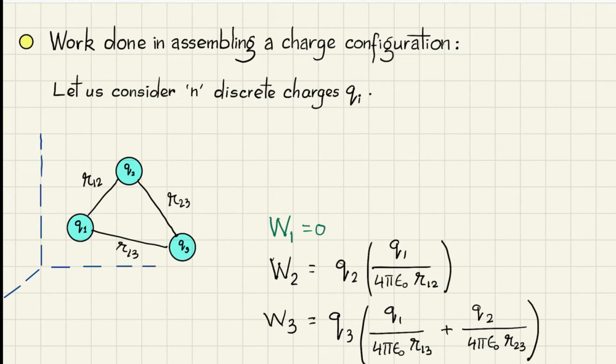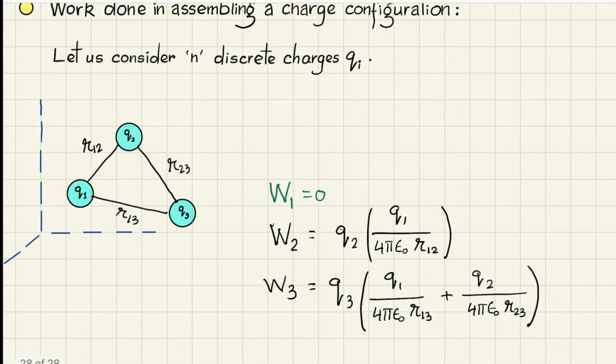Okay. So in doing all these three steps, how much total work have I really done? I can now sum it up. W1 was 0, so that is W2 plus W3, and I can easily do that.